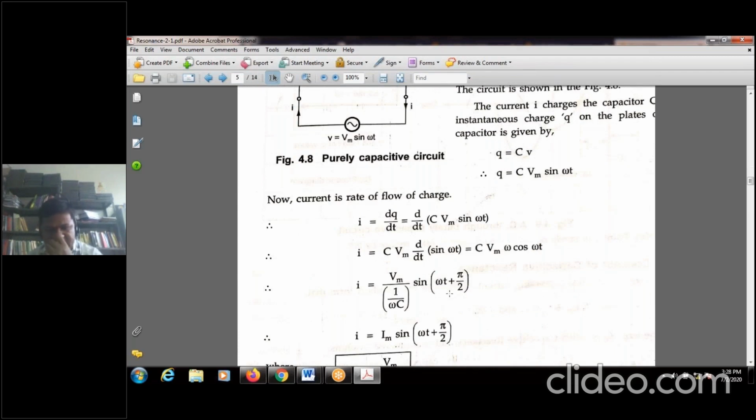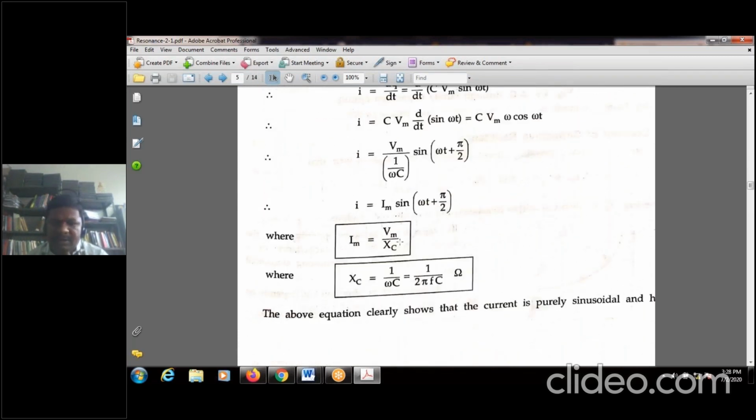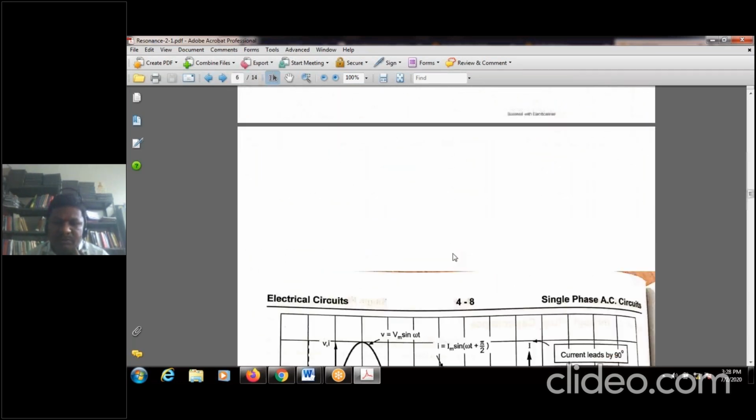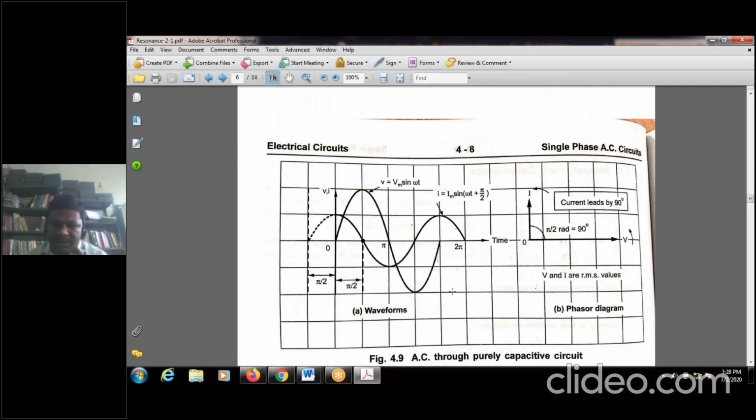Remember here the relation is the resultant maximum current is equal to Vm by X. Now what happened here? Observe this: this is the input signal, V equals Vm sin omega t, and the second one is the resultant current. Here the current leads by 90 degrees.